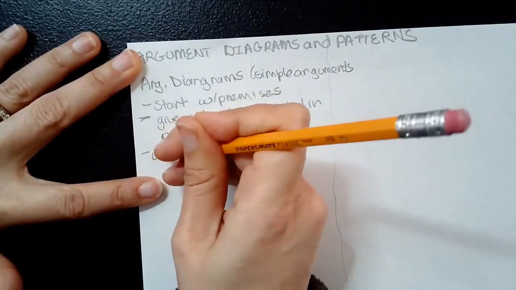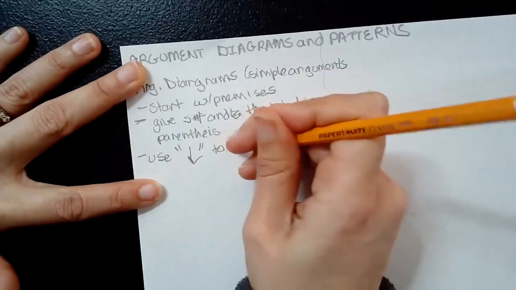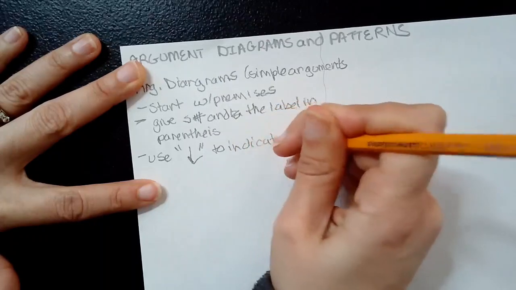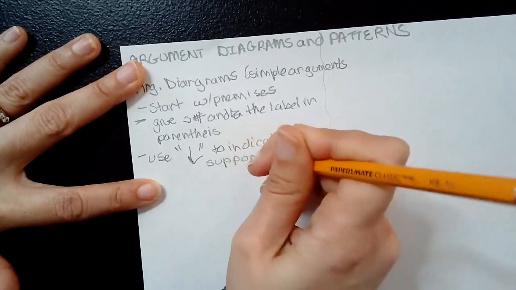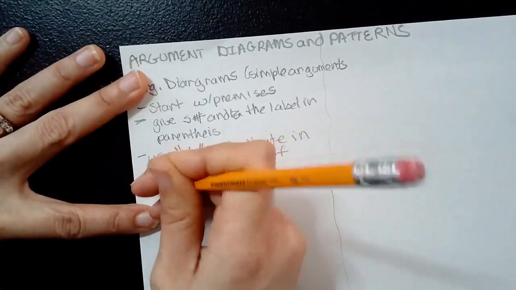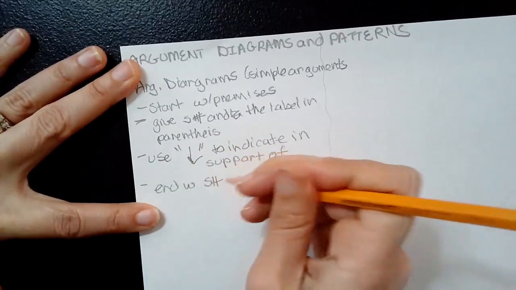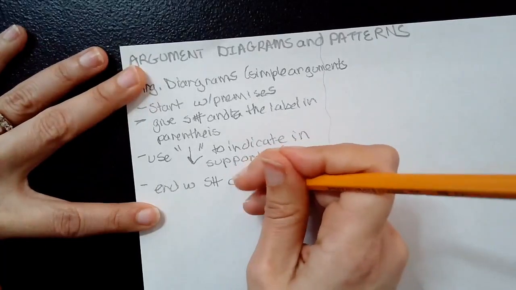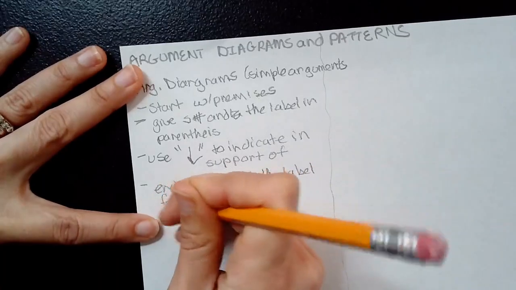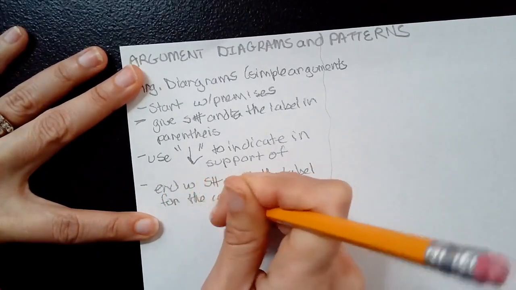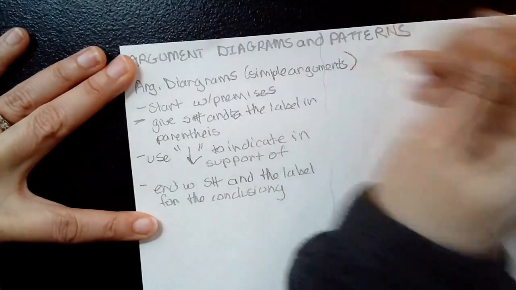Use the downward arrow to indicate in support of, okay, end with statement number and the label for the conclusion. So these right here, like I said, is argument diagram for simple arguments.